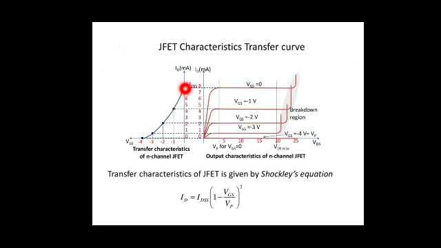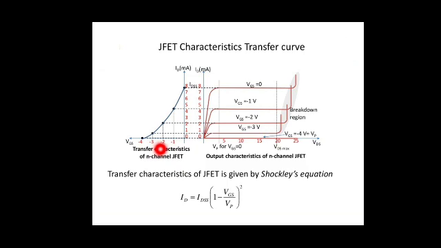From this point, you will slowly vary the VGS. You will reduce the VGS from 0 and increase the reverse bias. Here you are changing VGS to the negative side, which means you are increasing the reverse bias.